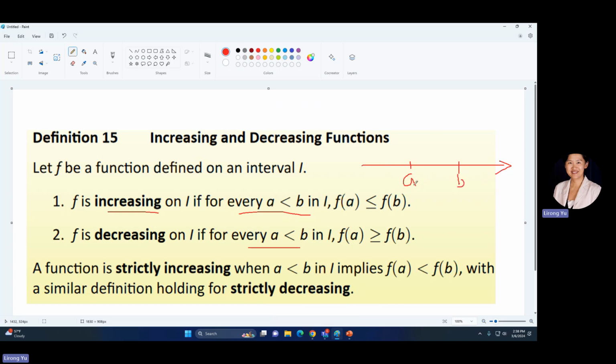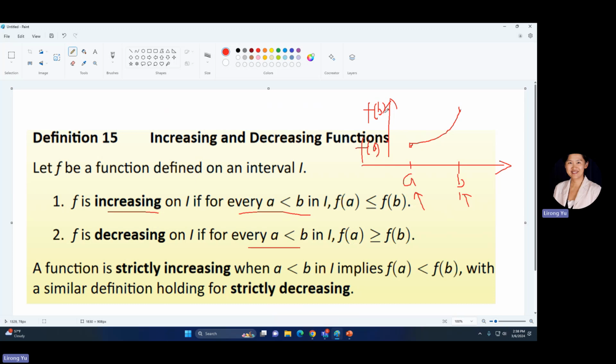The one you write on the left will always be the smaller. So this is a smaller x, and this is a bigger x. Now, for an increasing function, it goes like this. It doesn't matter what's in the middle, but this is the y value for A, this is f of A, right? And this is the y value for B, f of B. So you always see that a smaller x is paired with a smaller y.